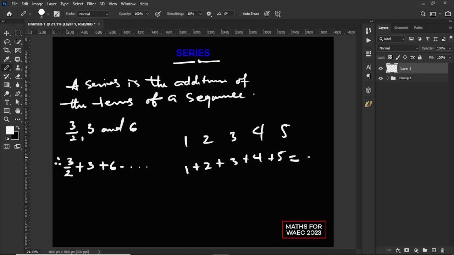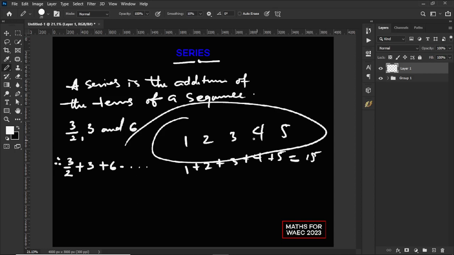You do not say it equals 15. But if they say find the sum of this, then the sum is equal to 15. But find the series of this, the series is just 1 plus 2 plus 3 plus 4 plus 5. That's the series. Do you understand that now?